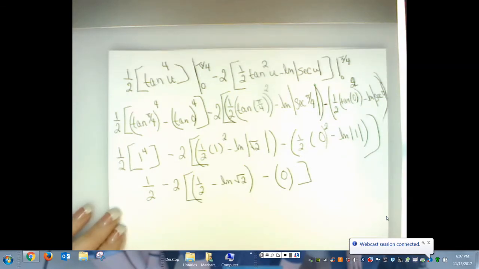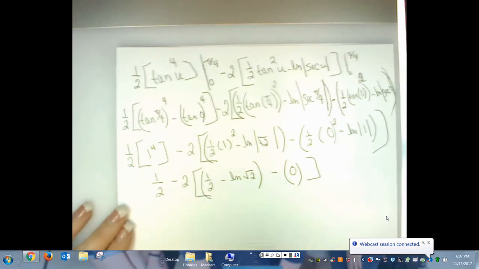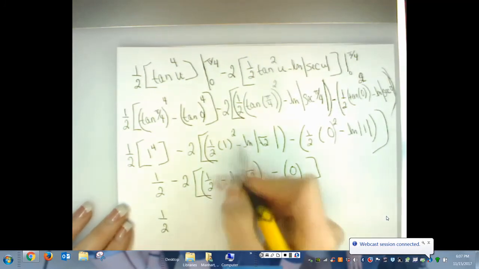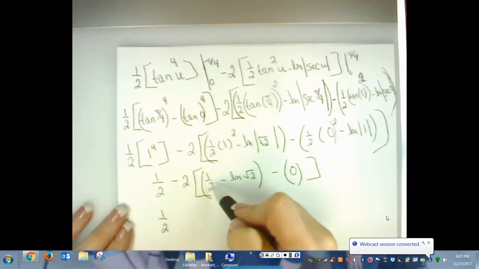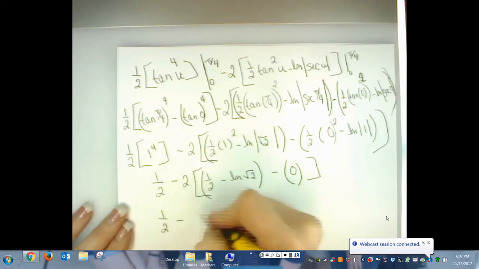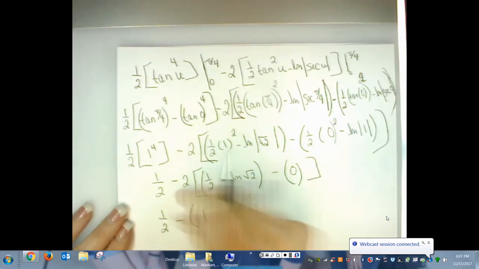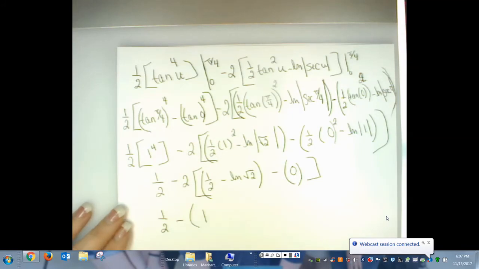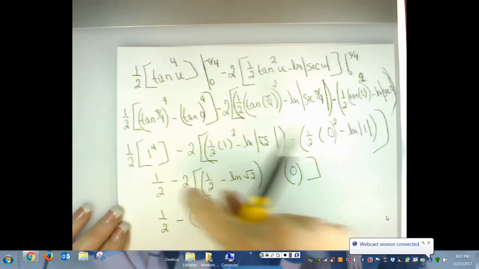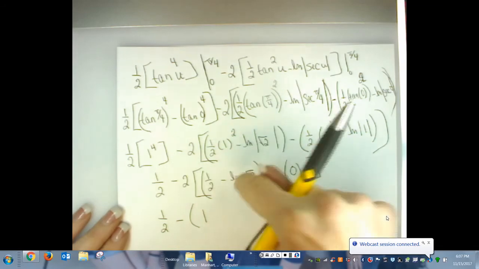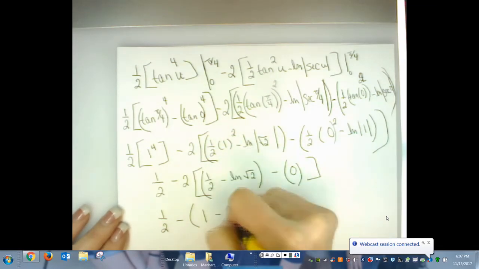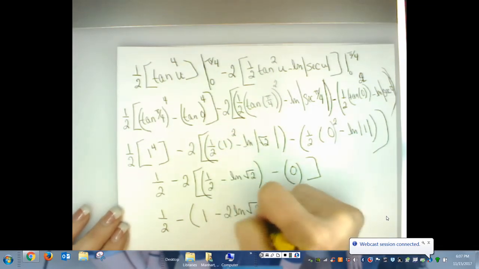Now we can distribute the 2 if you haven't already done so. 2 times 1/2 is 1. Then minus 2 times 1/2, and then 2 times a negative natural log is minus 2 natural log square root of 2.